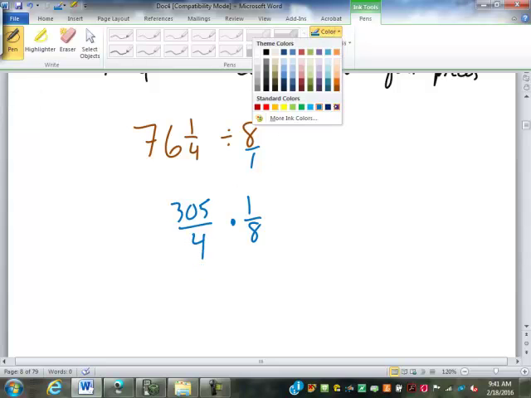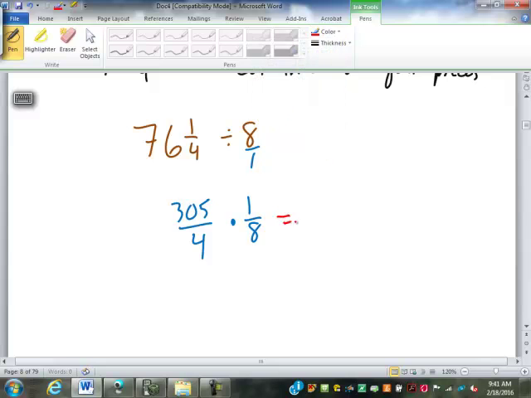Now what? We'd check to see if 305 and 8 would cross cancel. 8's only divisible by 2, 4, and 8. 305 is not. Well, 305 times 1, and 4 times 8.